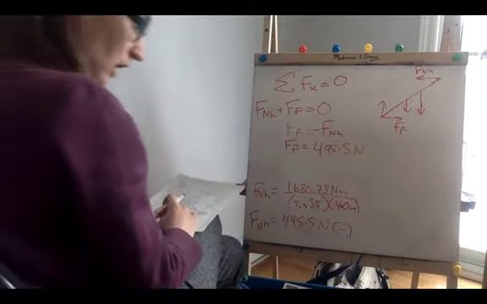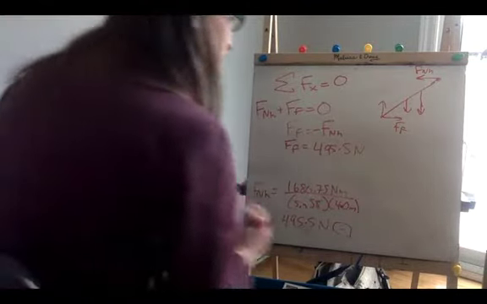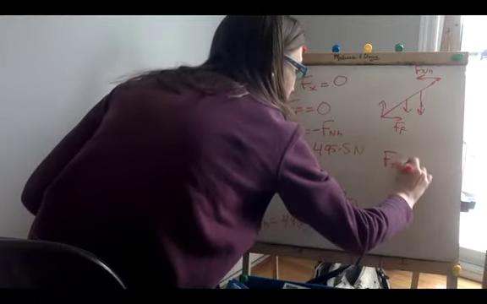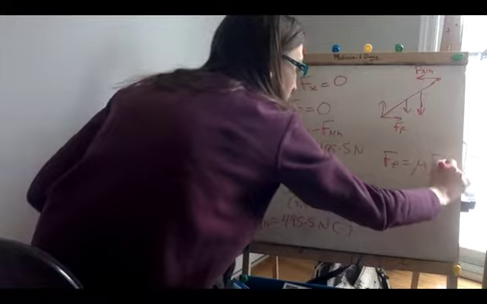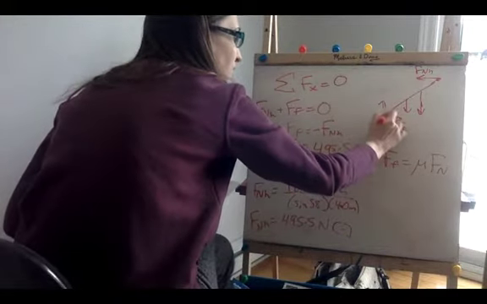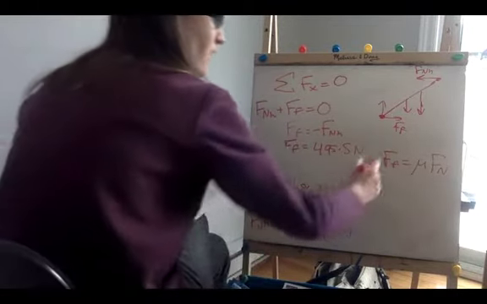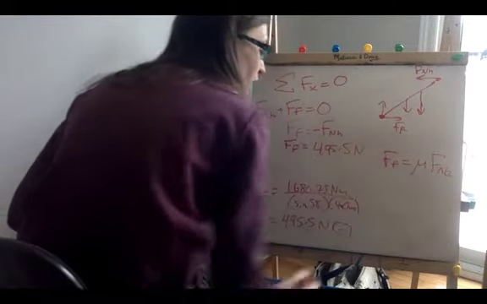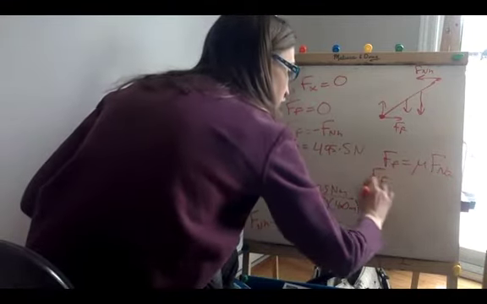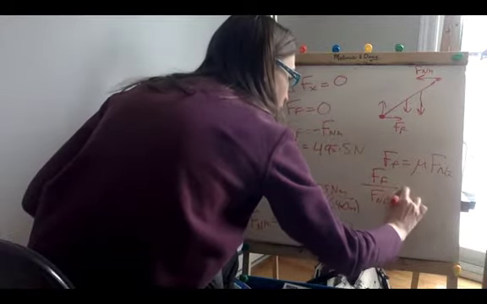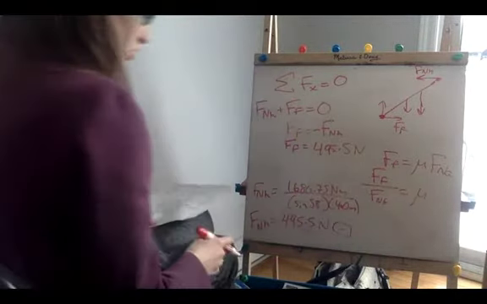And now I can finally find my coefficient of friction, seeing as my force of friction is equal to the coefficient of friction multiplied by that normal force, and at that main point, that's the normal force of the ground, which we also have a value for. So force of friction divided by that normal force on the ground will equal my coefficient of friction.